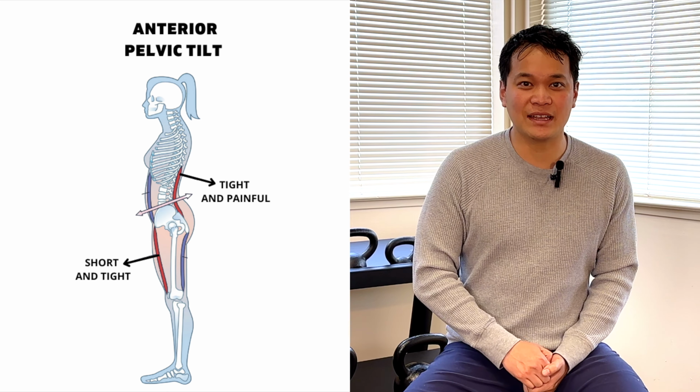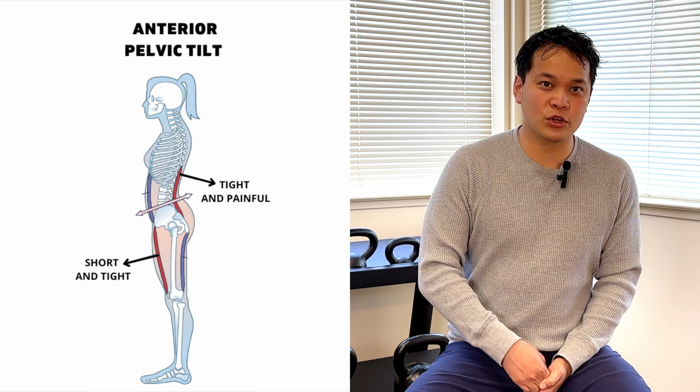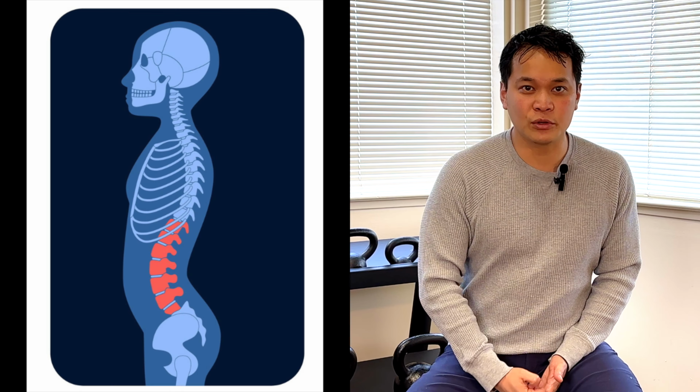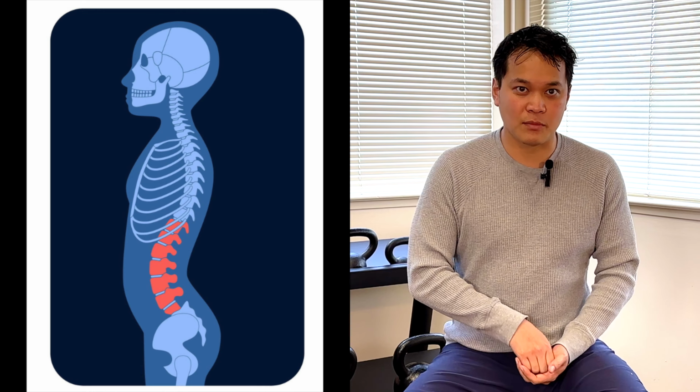But what happens when these muscles become imbalanced, which usually occurs because of a combination of tightness and shortening that develops in the muscles in the front of the hip, usually because of long periods of sitting or lack of stretching, as well as weakness and inhibition of the muscles in the back of the hip that comes from a lack of use, and the fact that people spend so much time literally sitting on these muscles all day long and not using them, you get a scenario where the pelvis starts to tilt forward into a position known as anterior pelvic tilt. And as you can see here, your lower back then starts to get pulled into a hyperextended position known as hyperlordosis, which we have also talked about in the first two modules already.